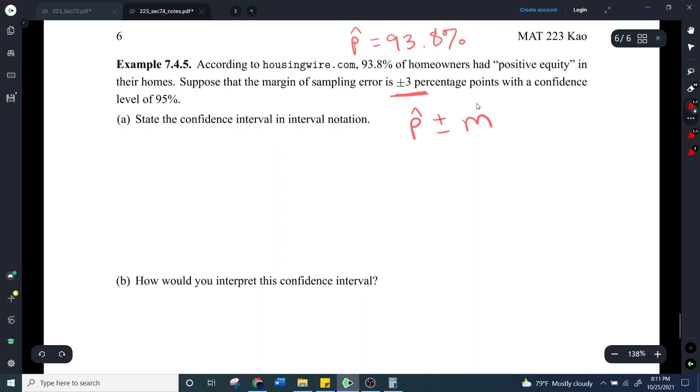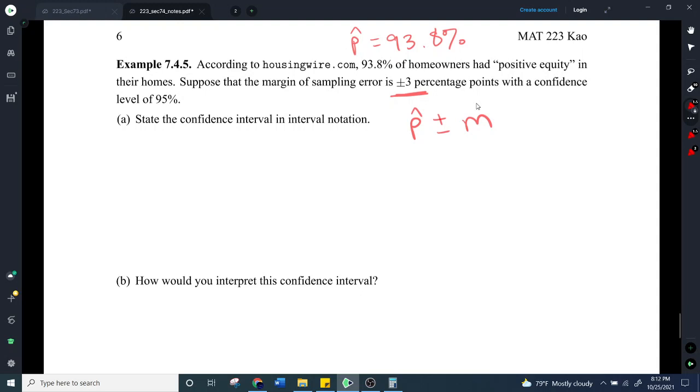And this question, I don't love the way it is worded because 93.8% doesn't come from a sample, but we're assuming it is what they got from some sort of survey that they conducted. 93.8% said that they had positive equity in their homes. So we'll assume that's our p hat value.